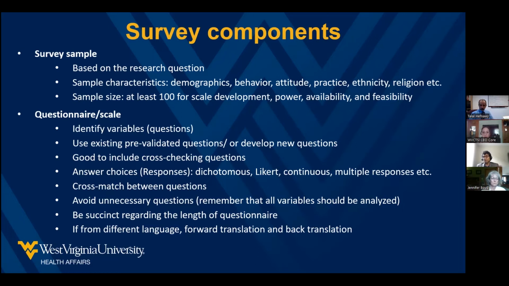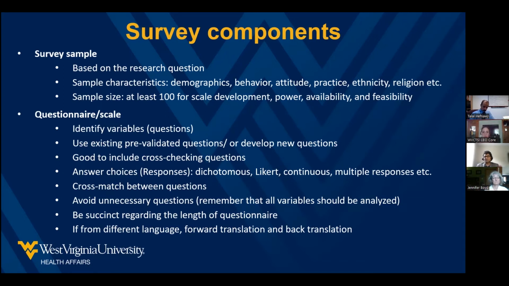Many people, if they see a long questionnaire from the beginning, are reluctant to answer those questions. And there is a tendency of people to skip questions while answering. So if you have a long questionnaire, the skipping pattern will be more. And if it is from a different language, there is forward translation and back translation. What does it mean?